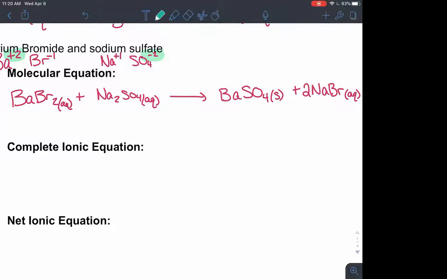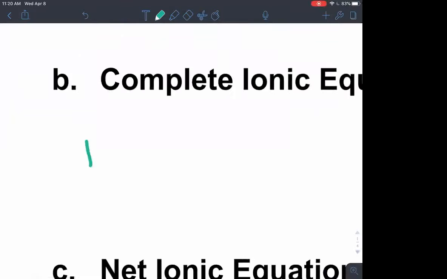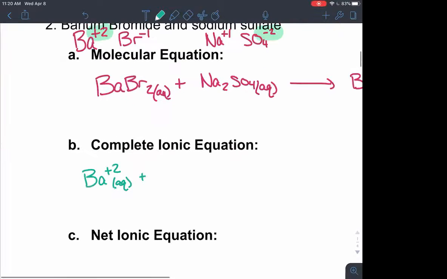Ba +2. Perfect. And then Br -1. Okay. Do we need to add anything else to either of those?